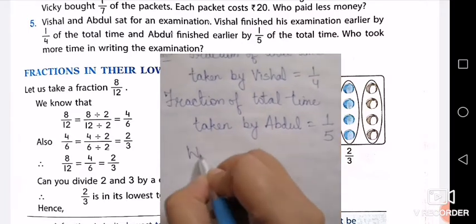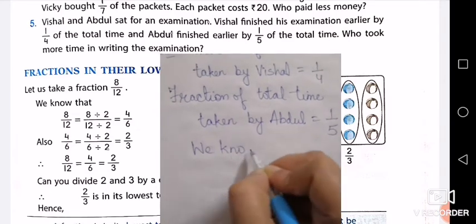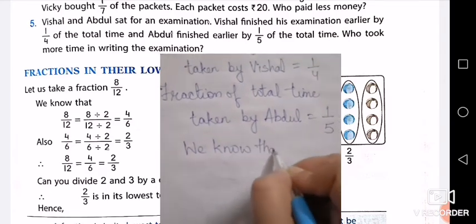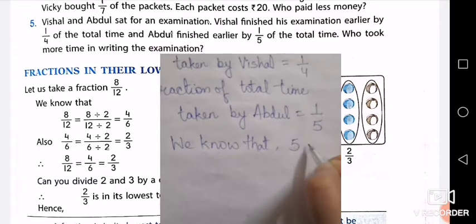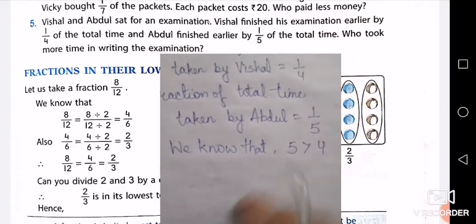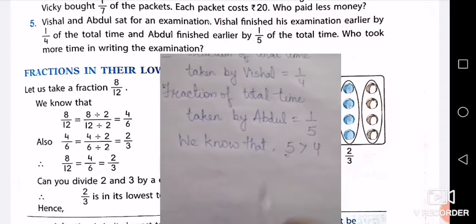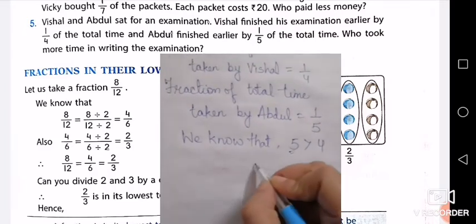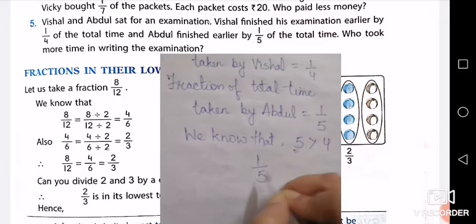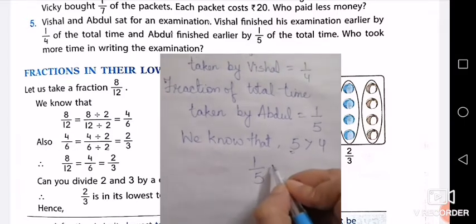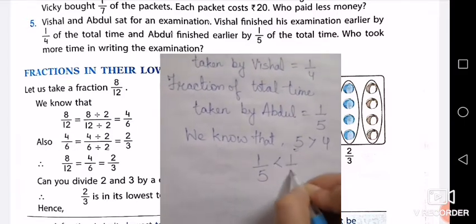Now what do we know? We know that 5 is greater than 4. Now greater the denominator, lesser the fraction is. So here 1 by 5 is lesser than 1 by 4.